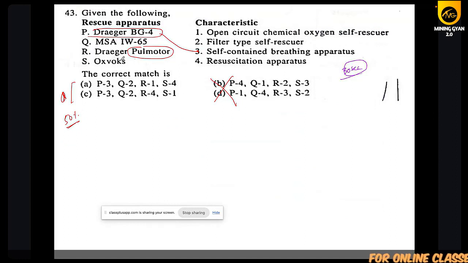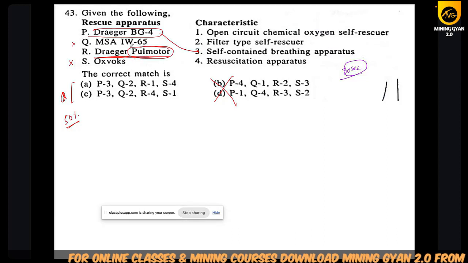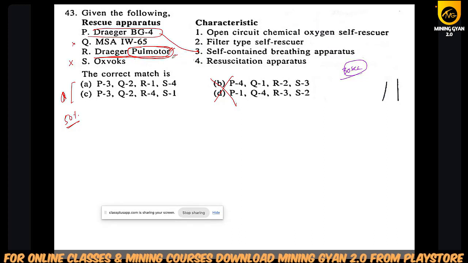Okay, you eliminate two options. Now for another option, suppose I have never read Oxyvox, and never read about MSA IW 65. Drager pulmotor is like a reviving apparatus, known as a resuscitating apparatus.